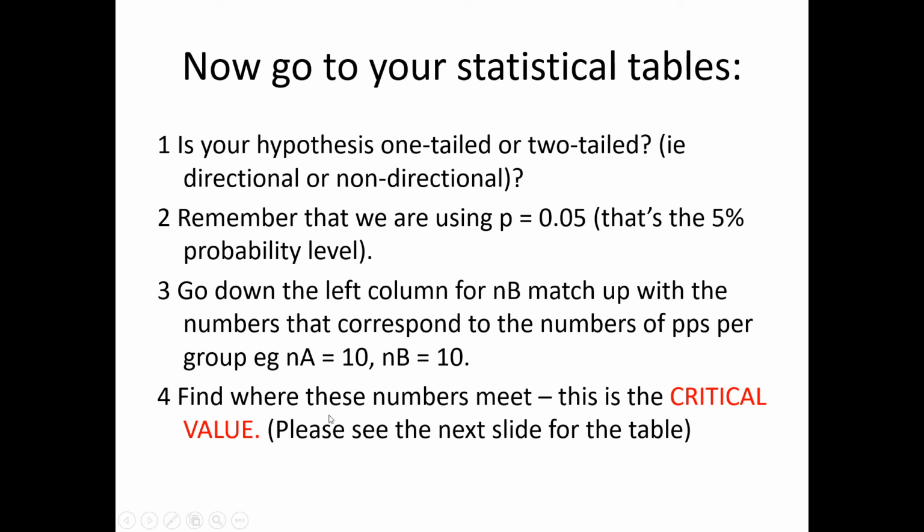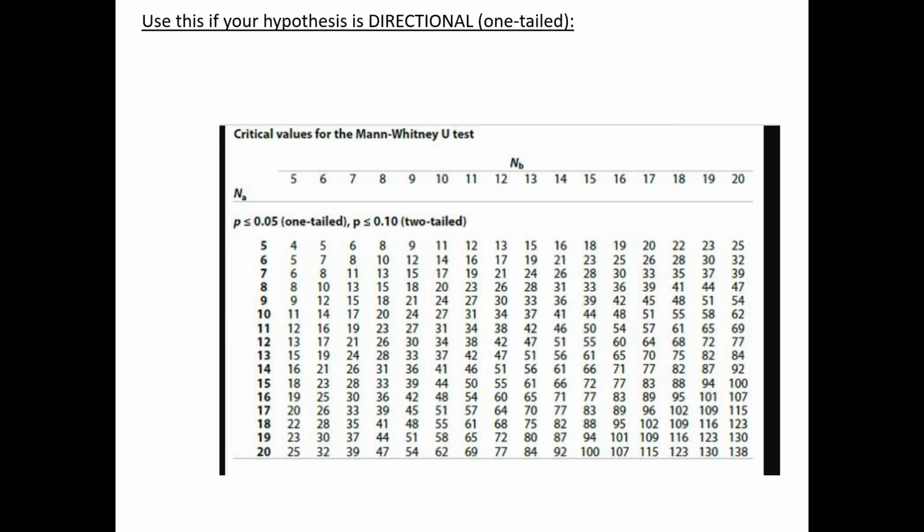Now we're going to look at how to find the critical value. I'm going to move on now to the table because it's easier for me to show you it and explain by looking at the table than just by telling you. Right, can you all please make sure that you are looking at the right table? Is your design independent measures?